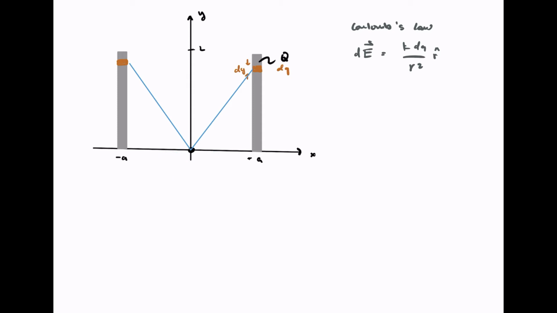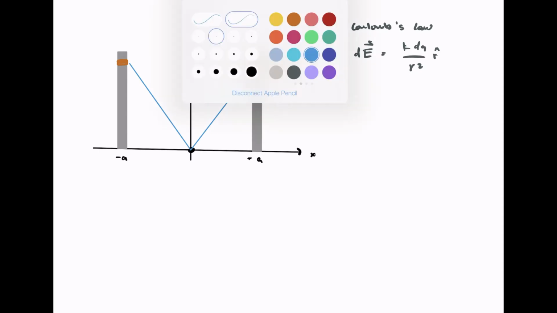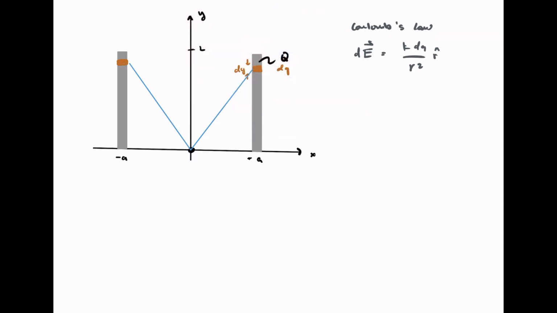But I'm getting a little bit ahead of myself. For each of these r's, you have a dE, and you have another dE over here. If I drew better, those would be more identical, just pointing in different directions, but I'm not good at drawing, so I apologize in advance.